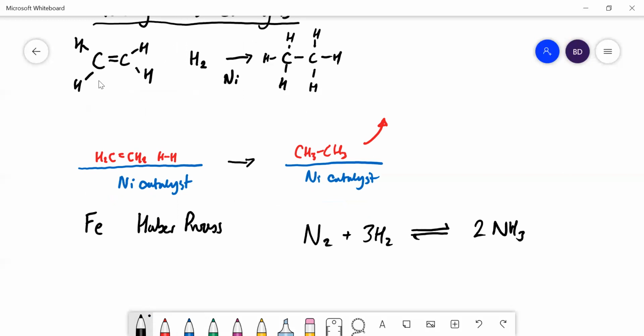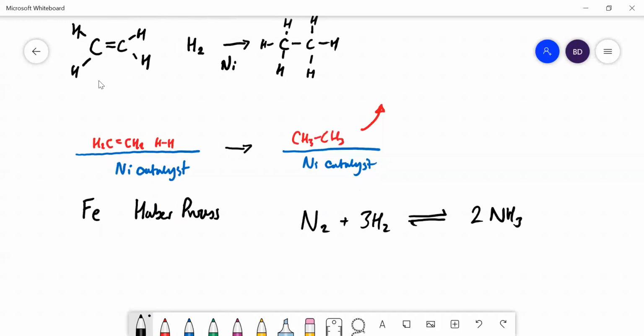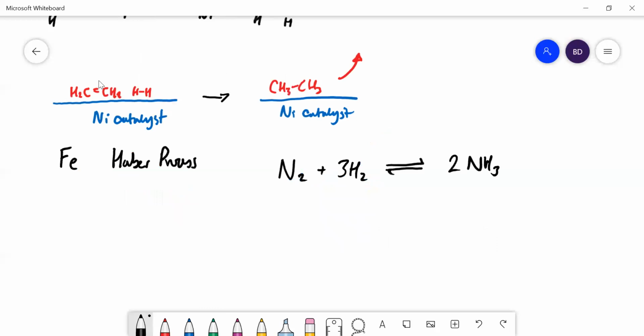Right, now there's a problem with heterogeneous catalysts, a phenomenon called poisoning. That's where the surface gets coated with impurities, and of course, if that happens, the surface is not available for the reactants to adsorb to, and so the efficiency is reduced. And this is quite important in the Haber process because you use a lot of nitrogen.